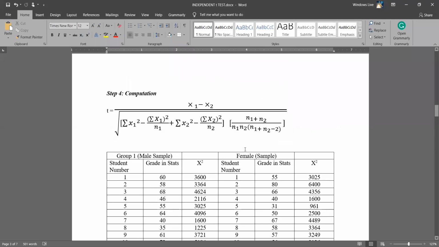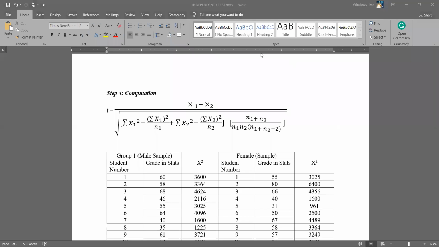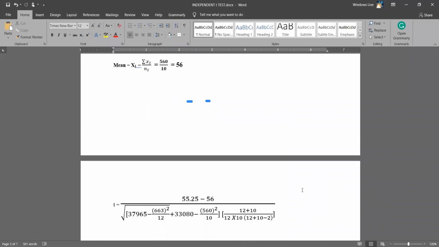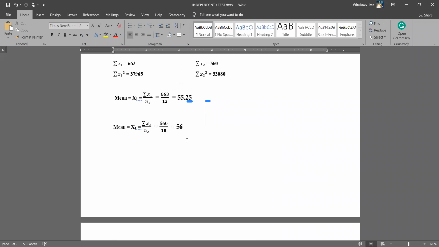So you know the formula for the numerator. We are supposed to find the mean for the two groups. You know how to find means: sigma x over n.